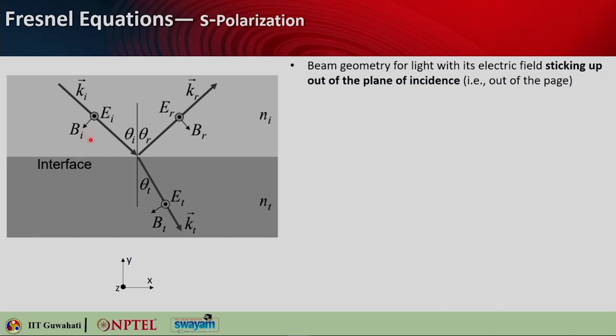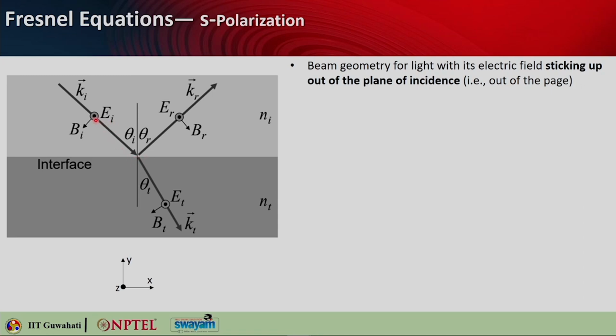Now, accordingly you can also mark what the magnetic field direction will be. How do you do that? Always remember that E cross B gives you the direction of wave propagation. Here the wave propagation direction is known. For E, we have assumed the one that is striking out. So you take E cross B and that should come in the direction of the k vector.